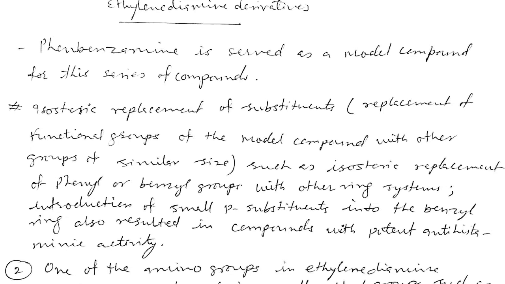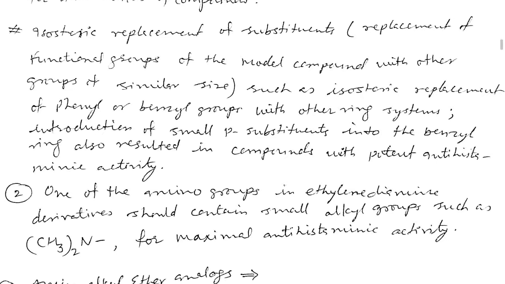So size and molecular weight should be the same. Such groups can be replaced as an isosteric replacement, like the phenyl group or benzyl group, and other substitutions, especially the para substitution on benzyl groups by the methoxy group, increase the potency.